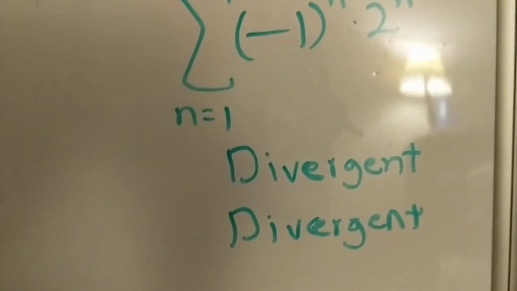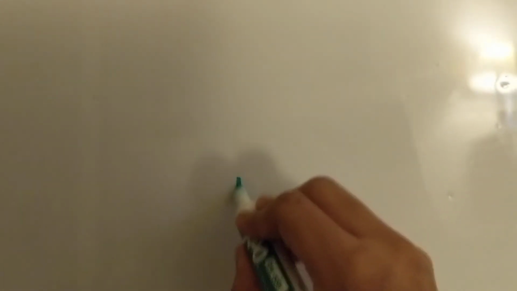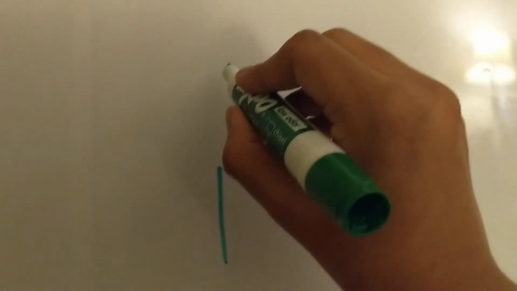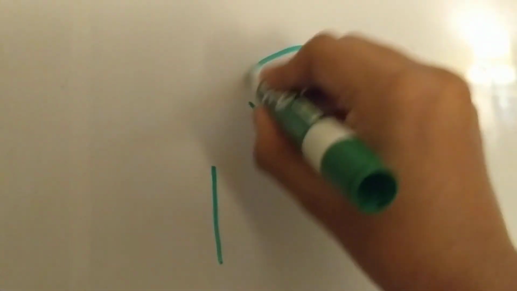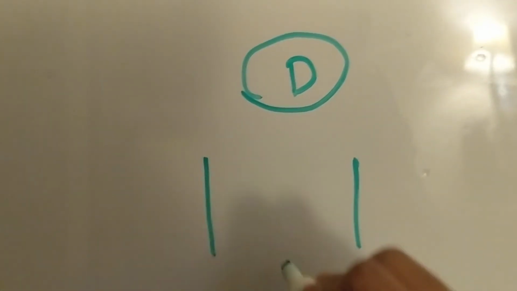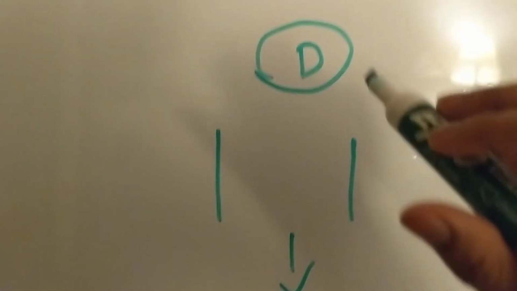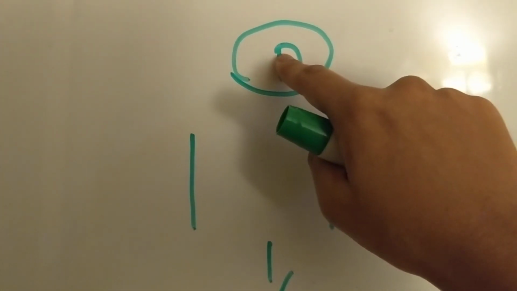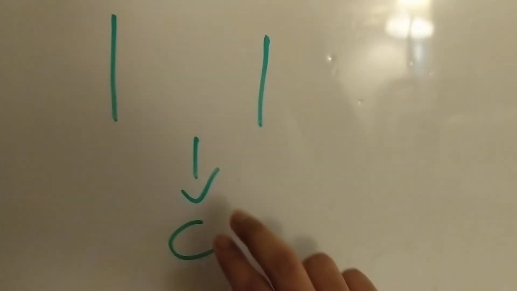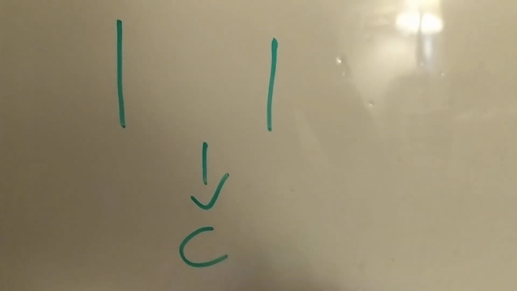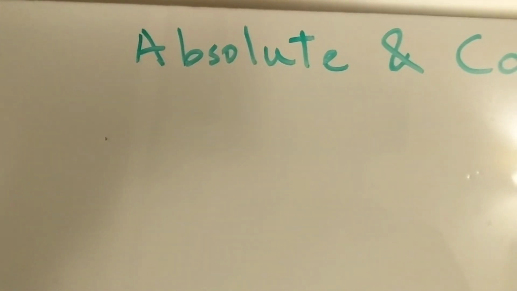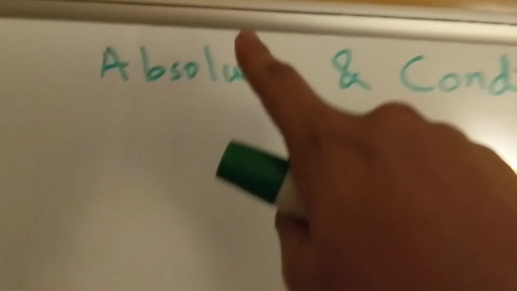One thing to note is that you won't get a series where the original is divergent but the absolute value is convergent. When the original is divergent, the absolute value is always going to end up being divergent. When the original is convergent, you will have to actually test the absolute value to see if it is divergent or convergent, because that will either fall under absolute convergence or conditional convergence.